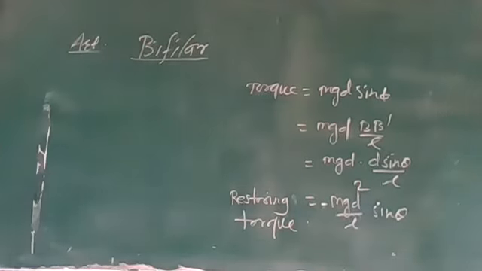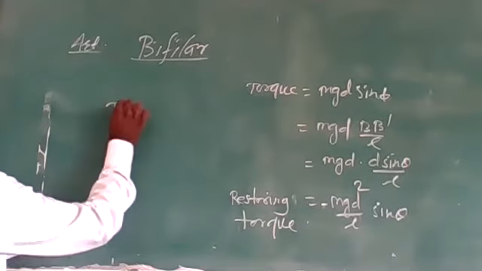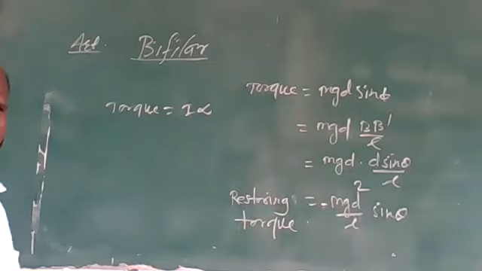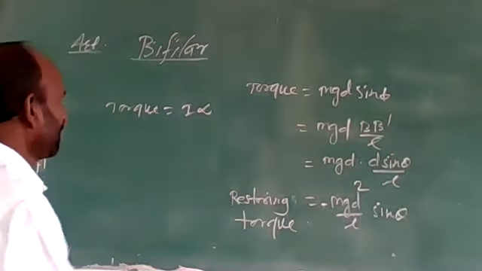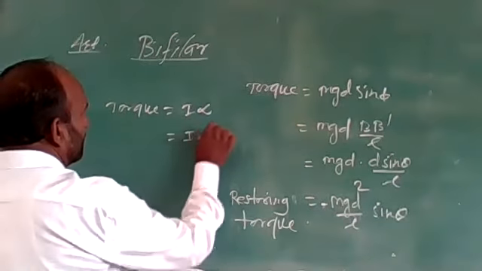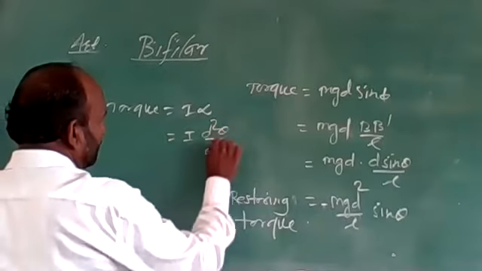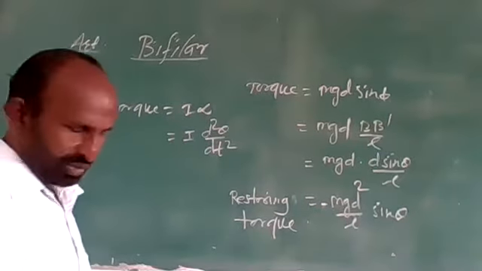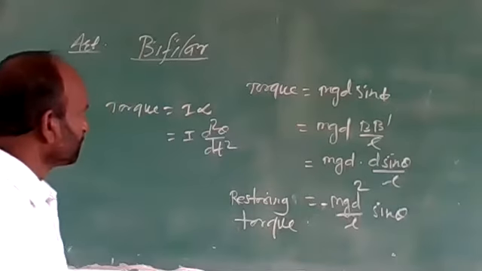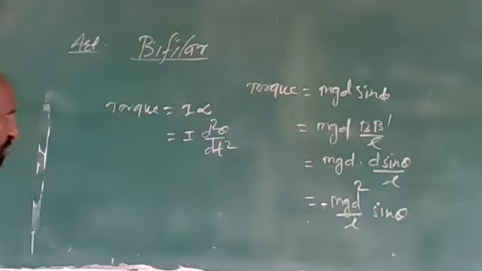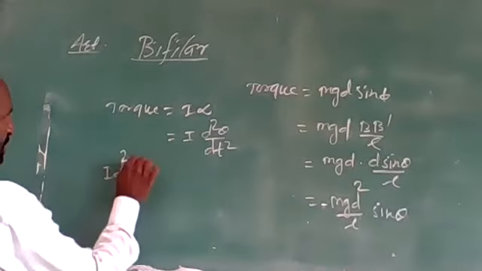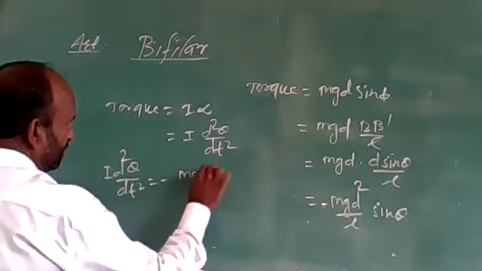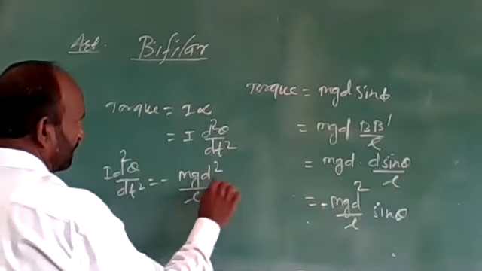Then torque is nothing but moment of inertia into angular acceleration, that is I d square theta by dt square. Therefore, this equation will be I d square theta by dt square is equal to minus mg d square upon here sin theta.